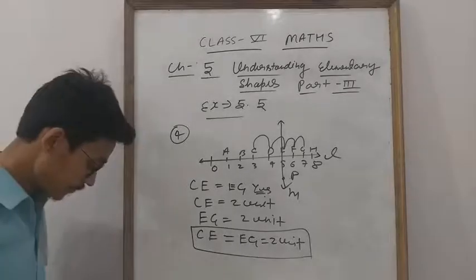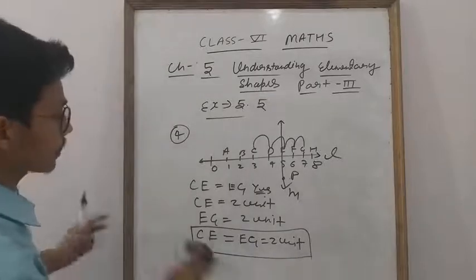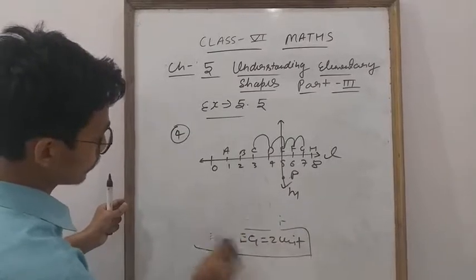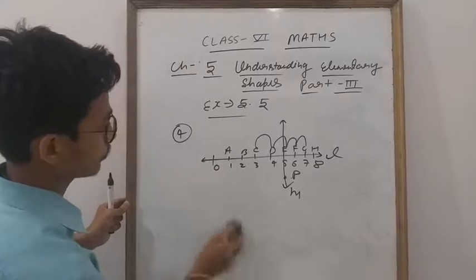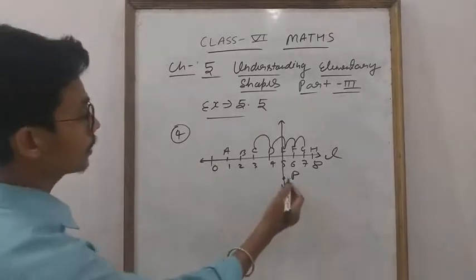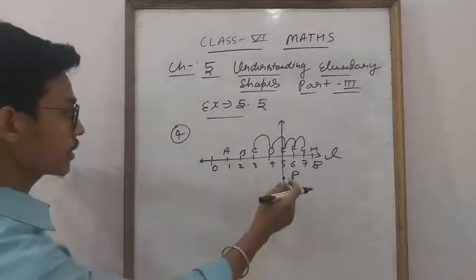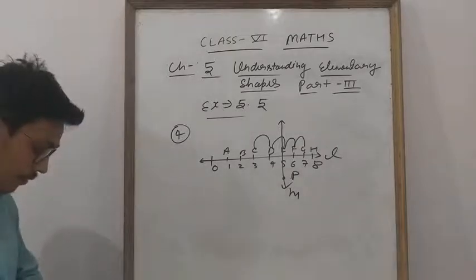Now the second question: does PE bisect CG? The second question is given: PE bisects CG. Now we will find out whether it is true or false. See, this is PE. PE bisects CG. Where is CG? Okay, everyone, so how will we find out this question?